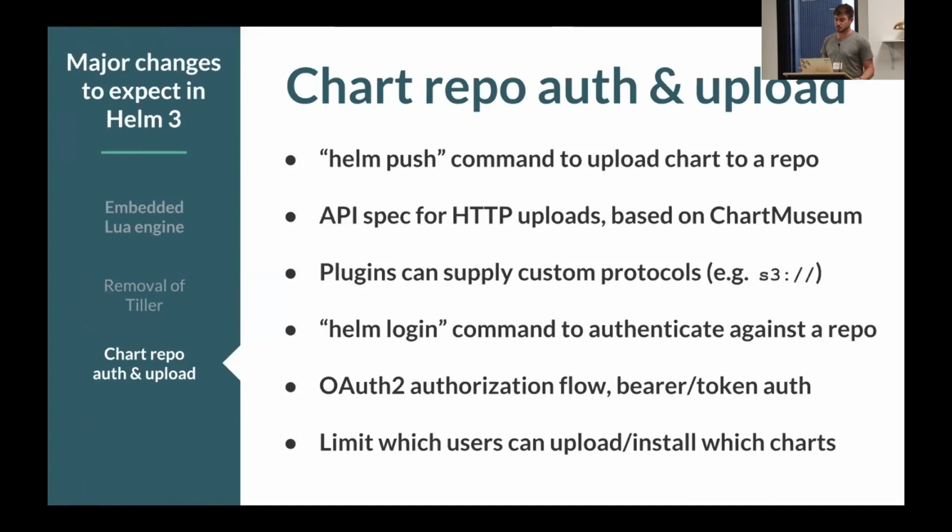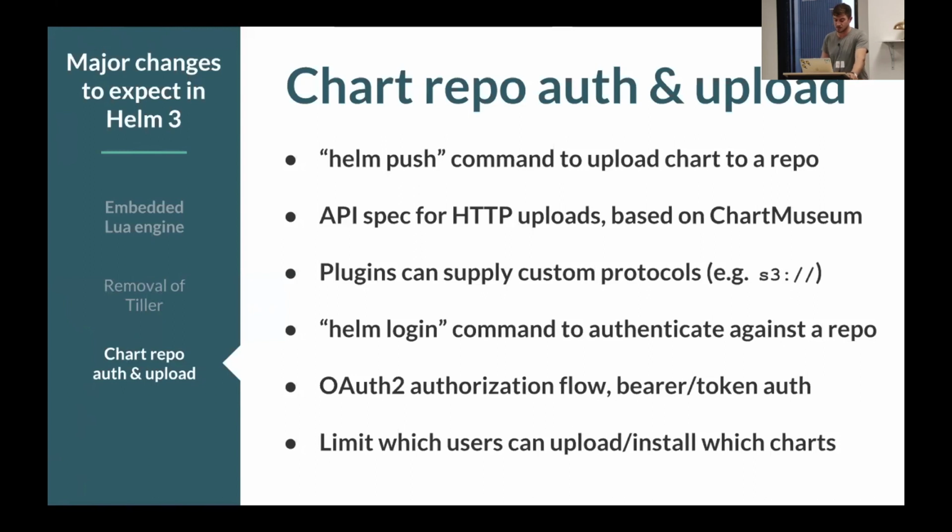For example, there's a Helm S3 plugin that'll let you push to an S3 repository, or create a chart repo from an S3 repository. You can have a plugin that changes the way that the upload occurs, but the default will be some spec based on the ChartMuseum API.